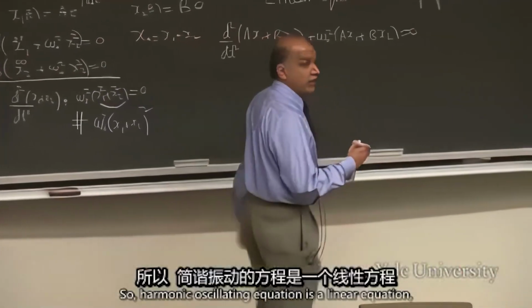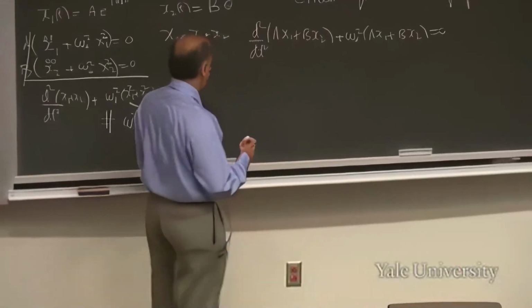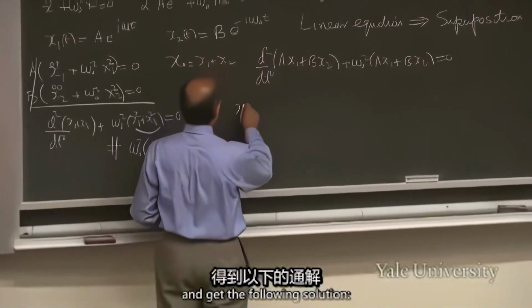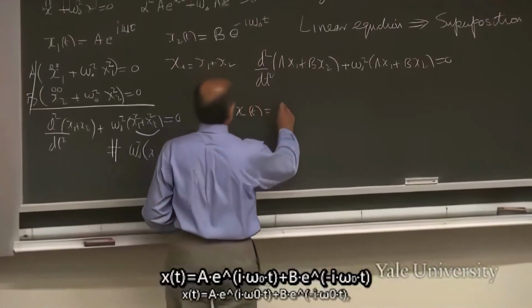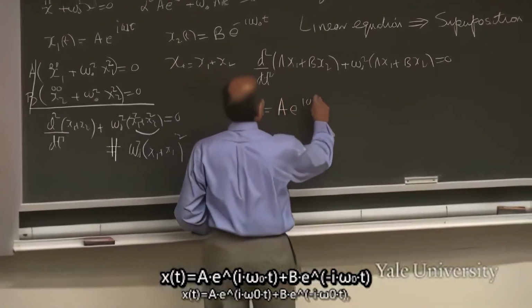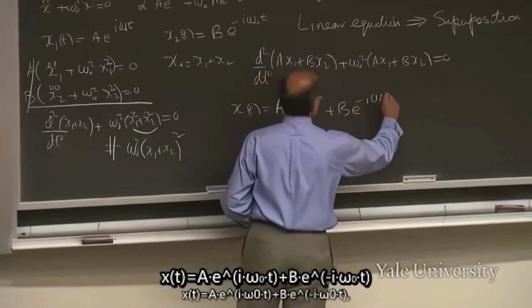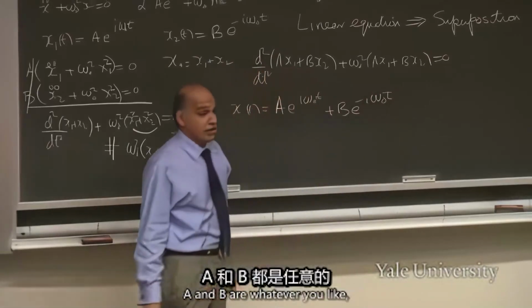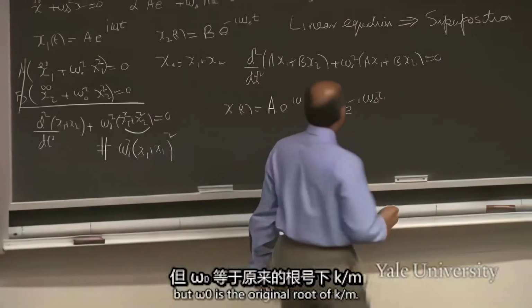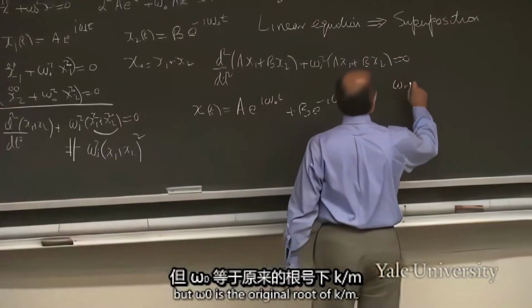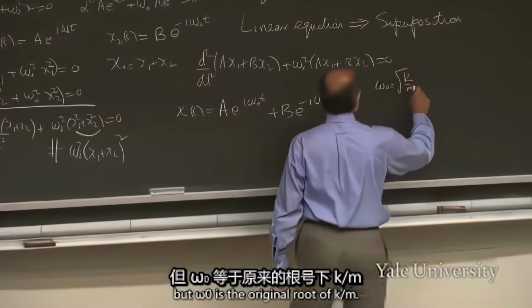So our harmonic oscillator equation is a linear equation. So feel free to combine them and get the following solution. x of t is equal to a e to the i omega 0 t plus b e to the minus i omega 0 t. But a and b are whatever you like. But omega 0 is the original root of k over m.